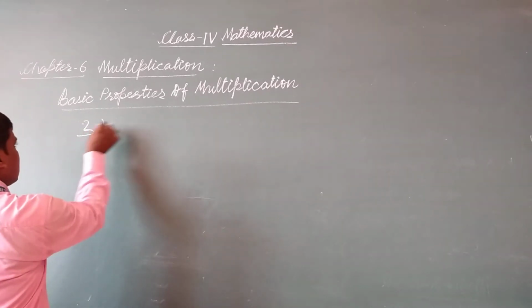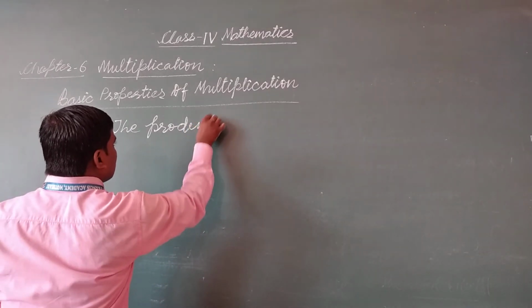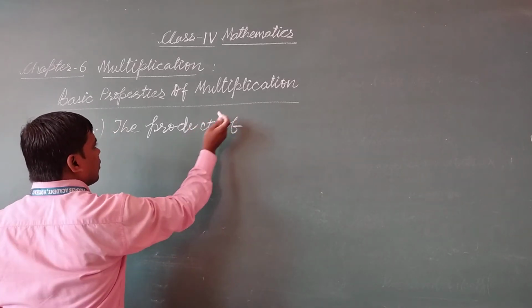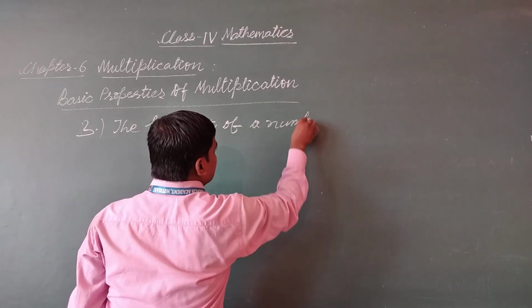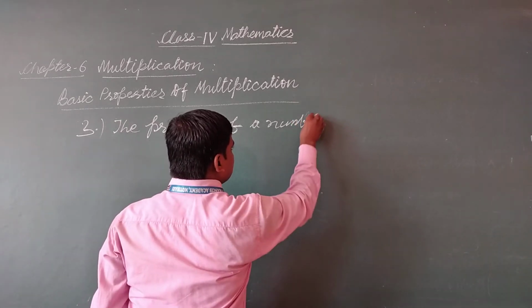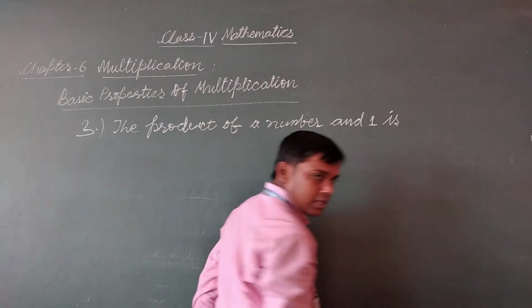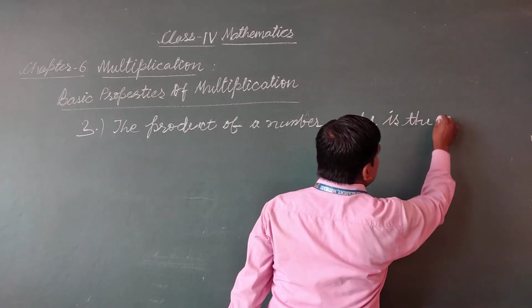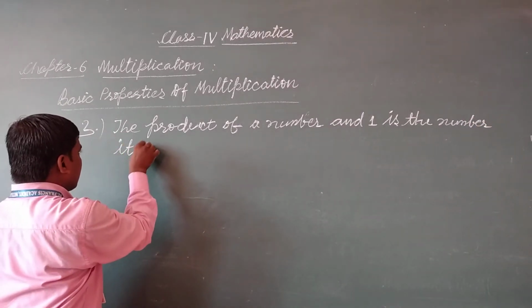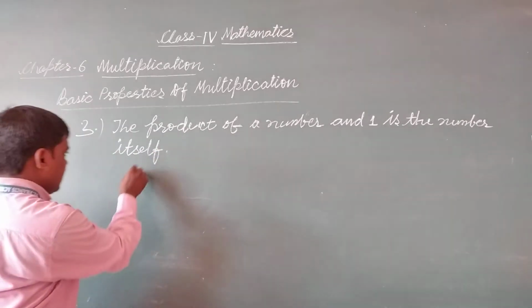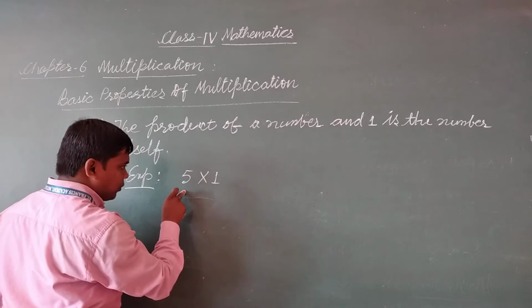Means, for example, if we are going to multiply 5 by 1, it is the product of a number by 1.